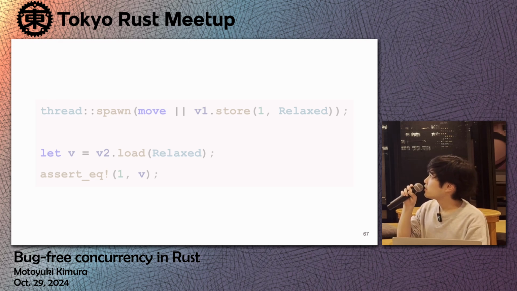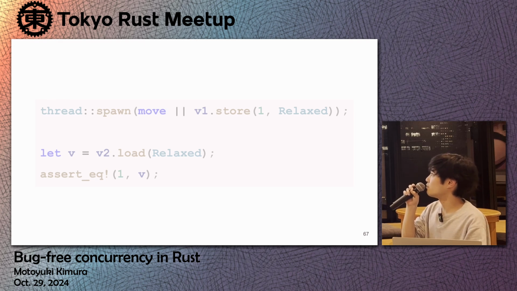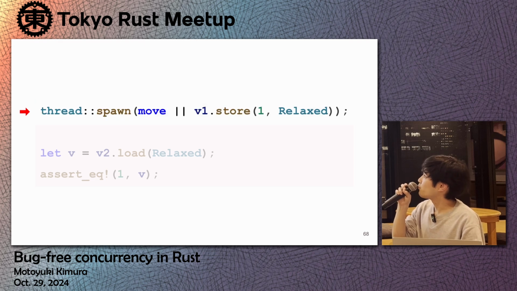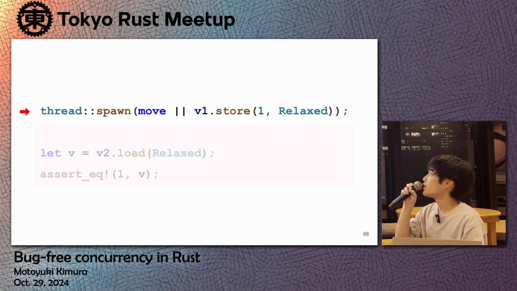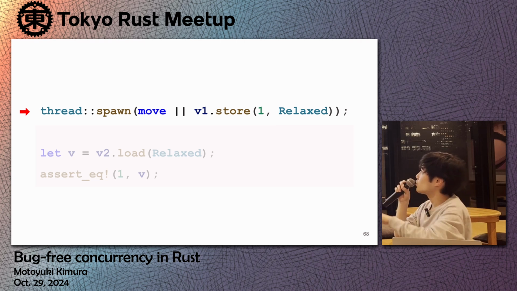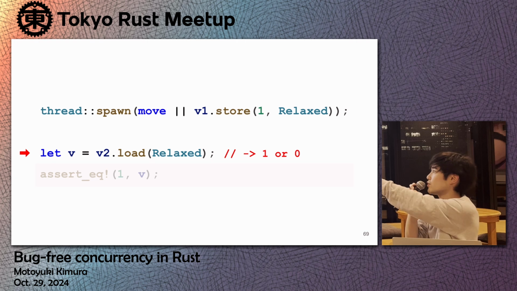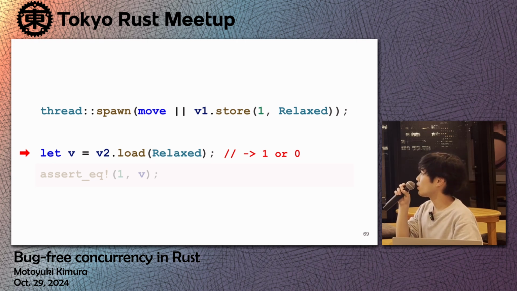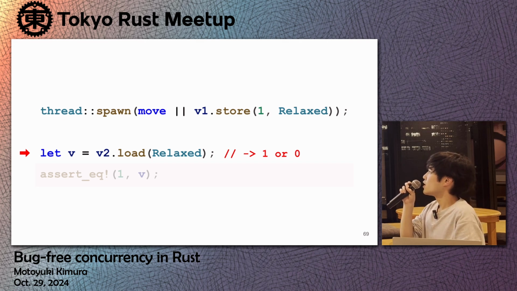Again, let's see this example and how Loom handles the memory ordering. Let's say we execute a thread spawn, and on the thread we execute v1 store, and on the main thread, let's say we execute v2 load. What kind of value could this load be?